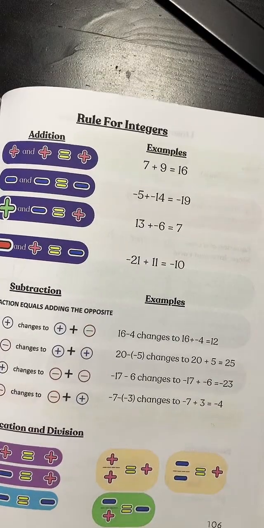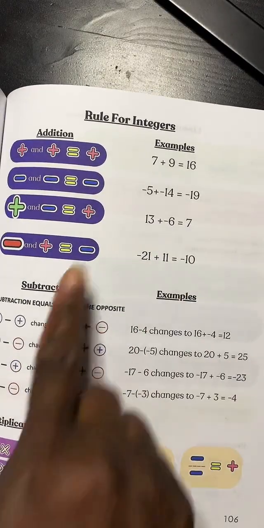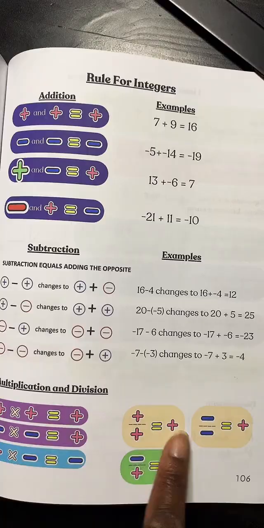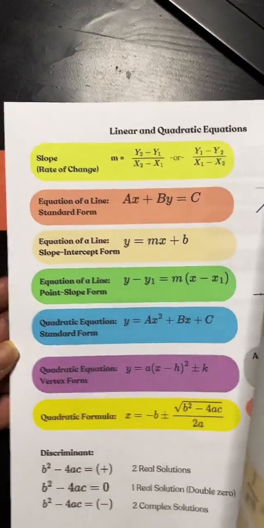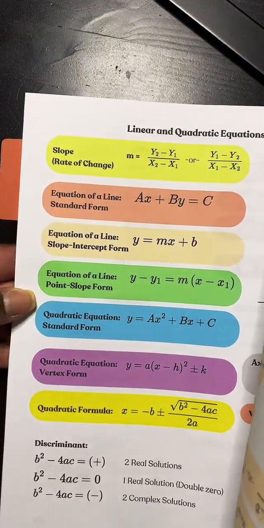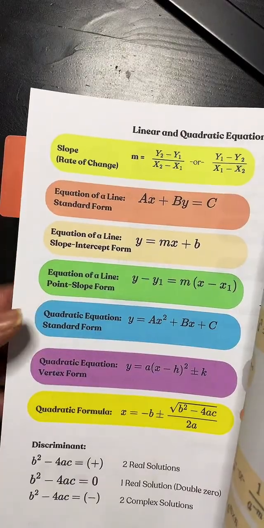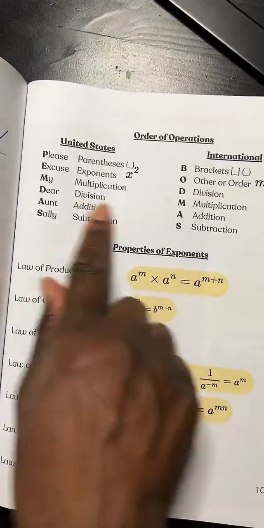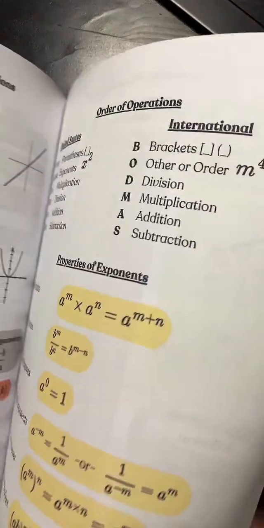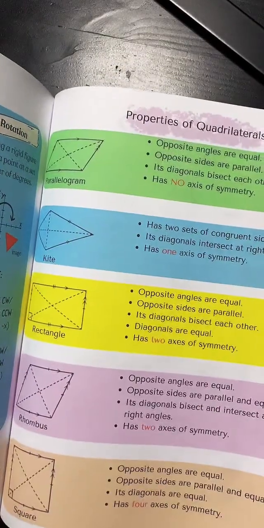For most word problems, we have the rules for integers with addition, subtraction, multiplication, and division. We also talk a little bit about the linear. So we got our equation of a line, we got our quadratics, we got our properties of exponents, the order of operations, as well as a little bit of geometry, transformation, and properties of quadrilaterals.